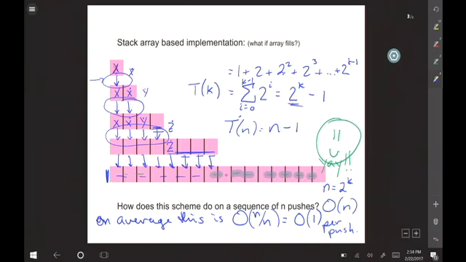And then imagine that we just have a bunch of pushes and pops here, right? There's nothing in what we've discussed that talks about freeing up any of that memory. What do you think we should do?